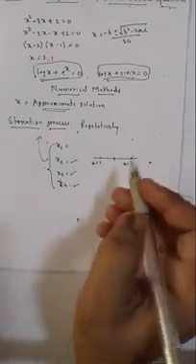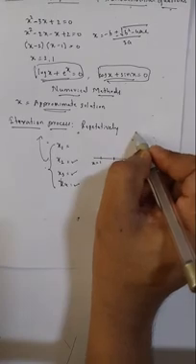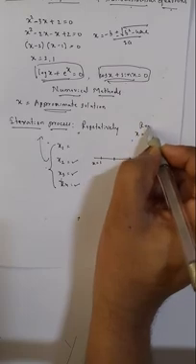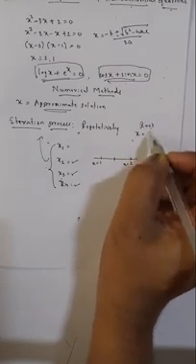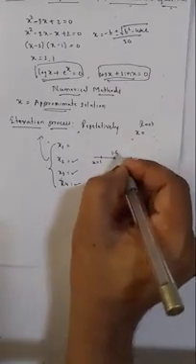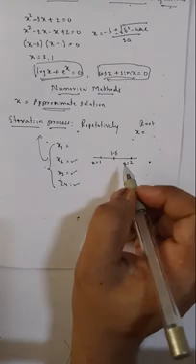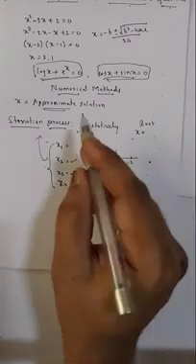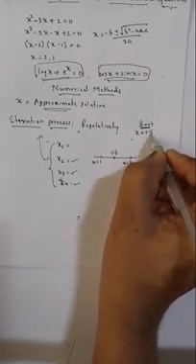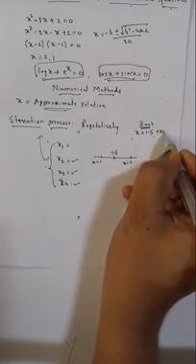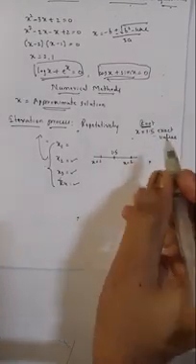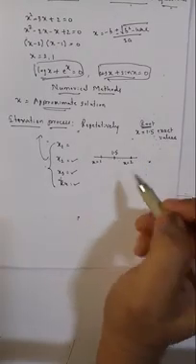Suppose the solution of x, or we can say the root of the equation, is 1.5, between 1 and 2. Just assume that for the given equation, x equal to 1.5 is the exact value.